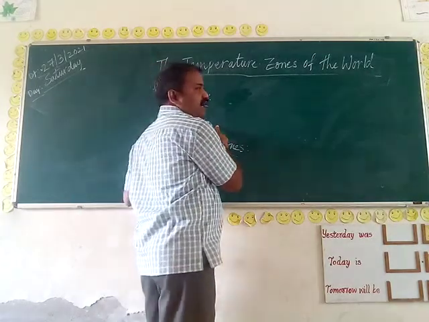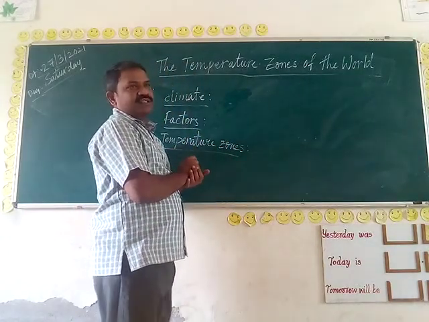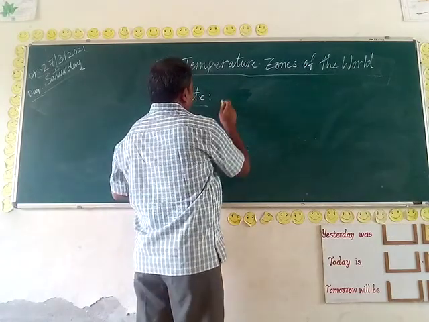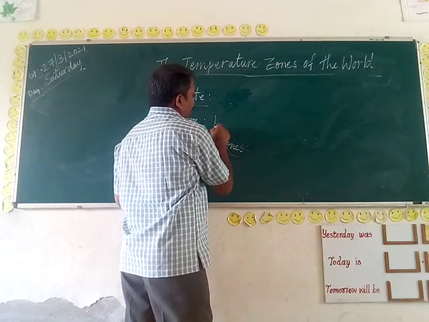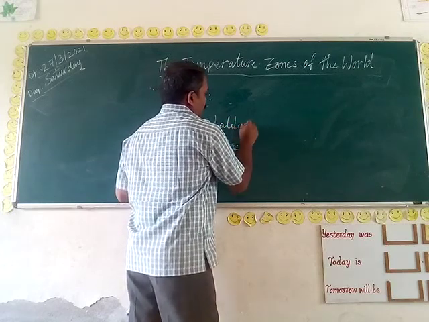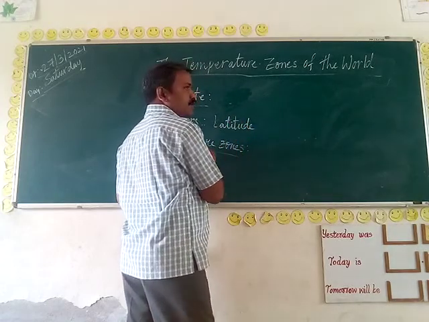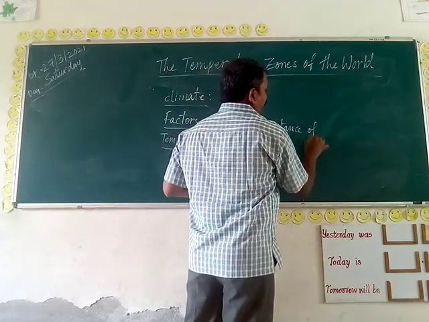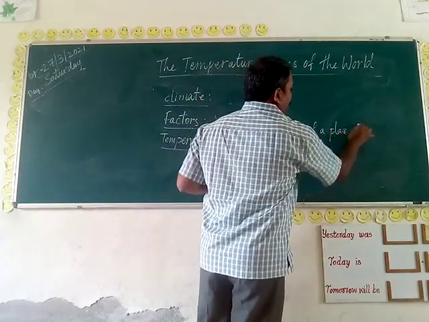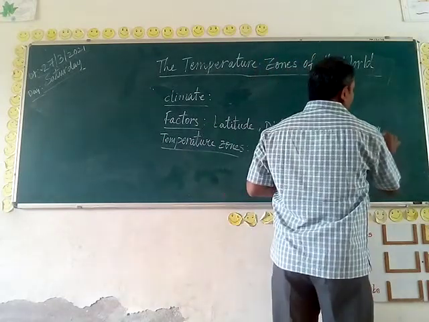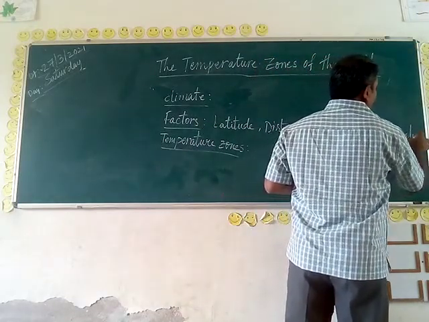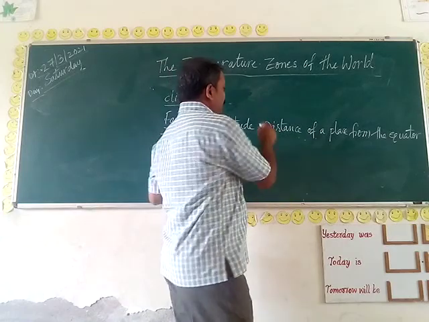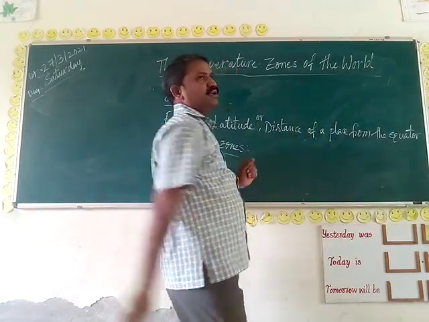Now second one, factors influencing the climate. There are 5 factors which affect the climate of a place. First one is latitude, or distance of a place from the equator.